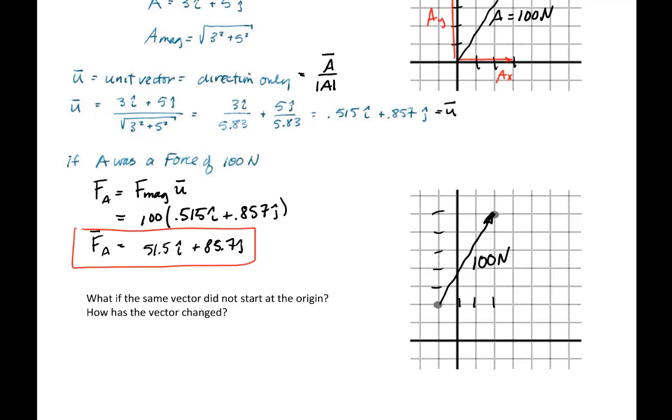The direction is the same, the magnitude is the same, therefore the force vector is the same. It doesn't matter where the vector starts. Any vector can start at any point and it'll still have the same definition.